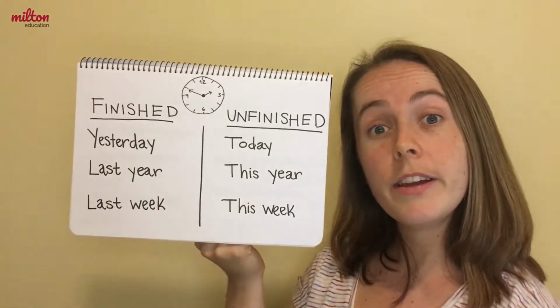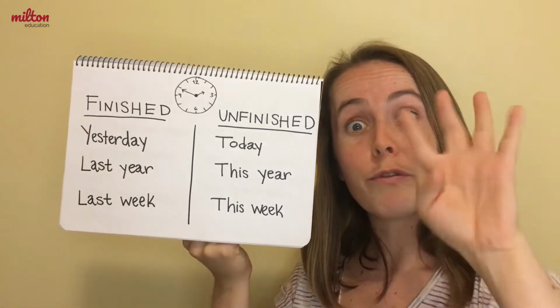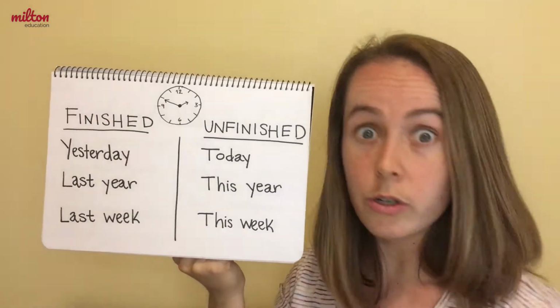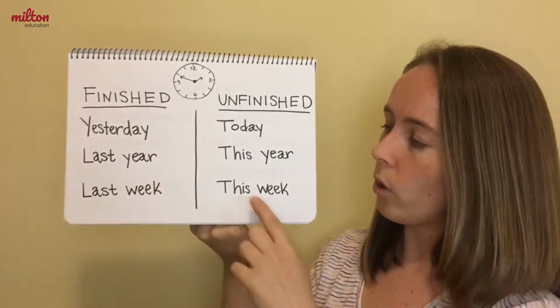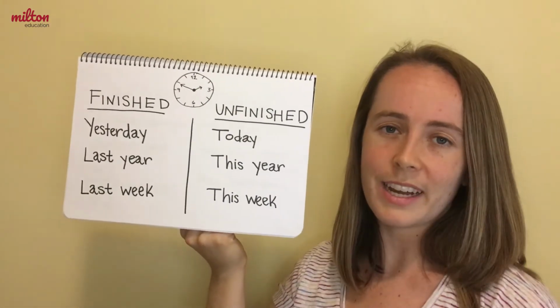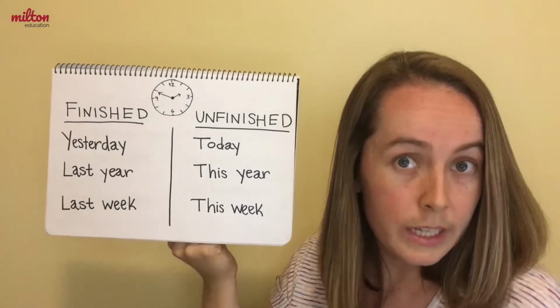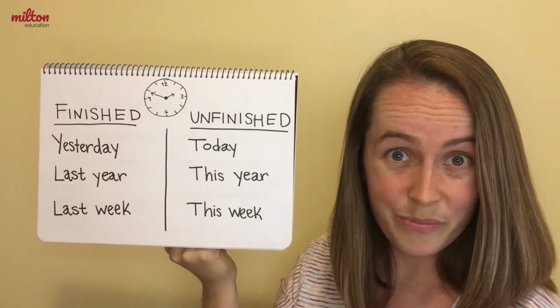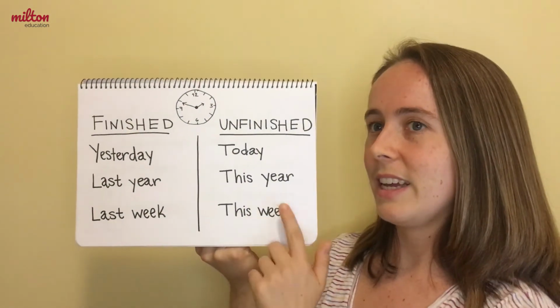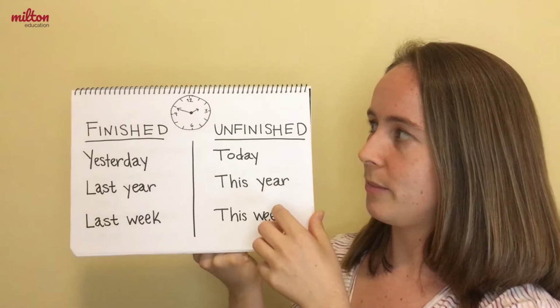Or this year, I have been to 4 countries, but this year isn't over. I could visit more. Or this week, I have slept really well every night, and I will probably continue to do so. So this is when we use the present perfect in our unfinished times.